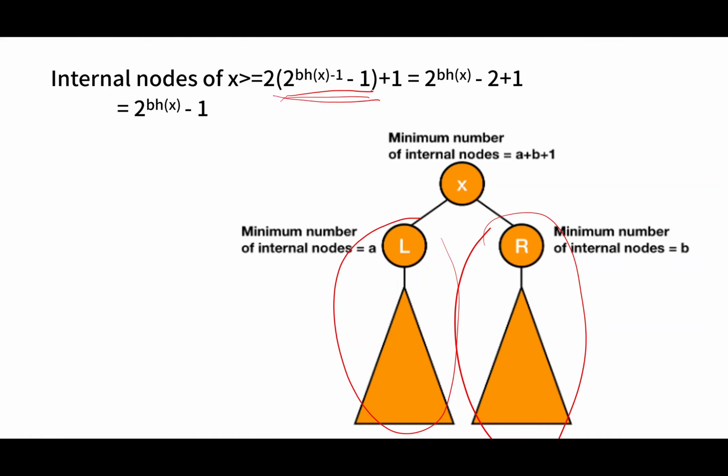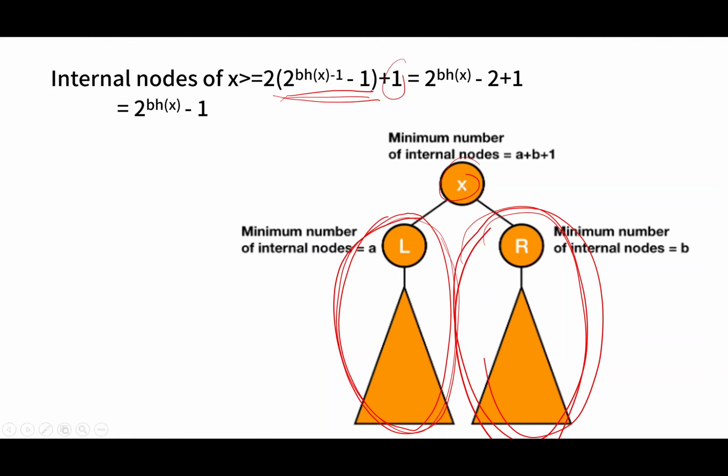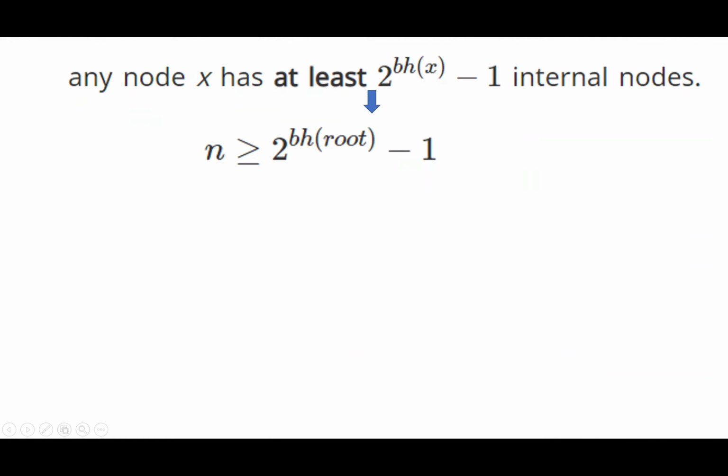So for this node, the internal node count should be the internal nodes of the left tree and of the right tree plus this node itself. So the internal nodes of x should be larger than this. This number is equal to this. So we prove this property.